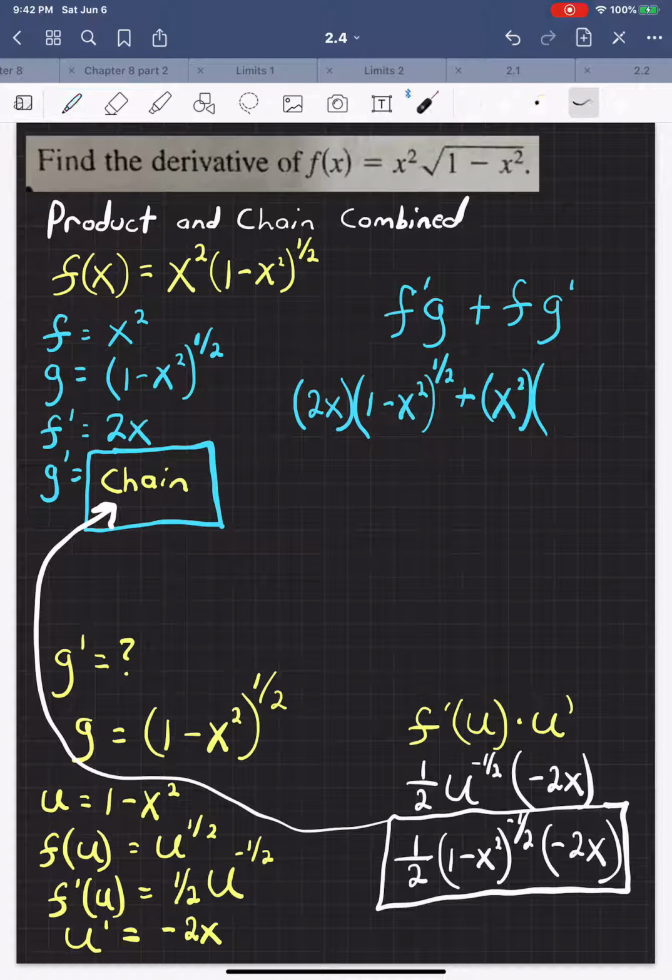So if you want, you can clean this up right now, or you can plug it in and then clean it up. I think because I'm starting to run out of space in the top, I'm going to go ahead and say if I take half of negative 2x, that would just be negative x.